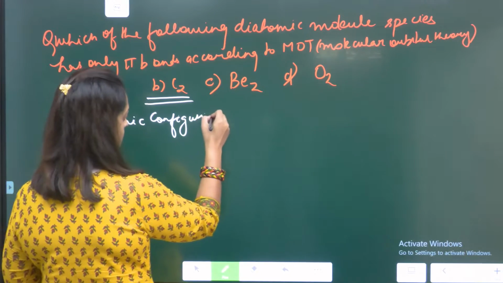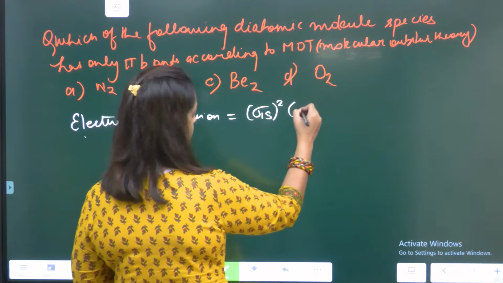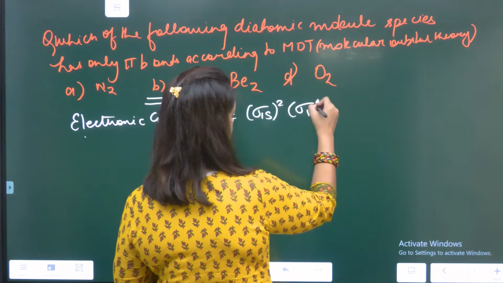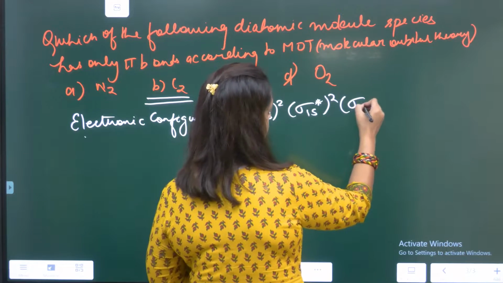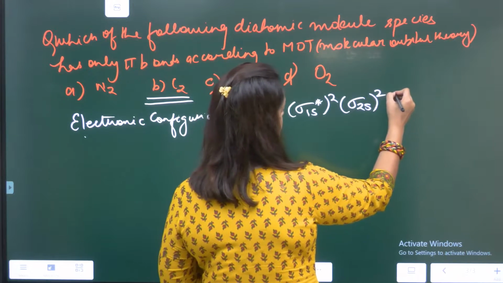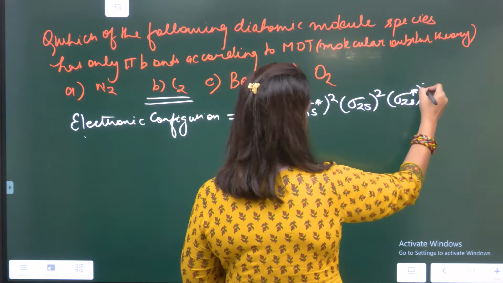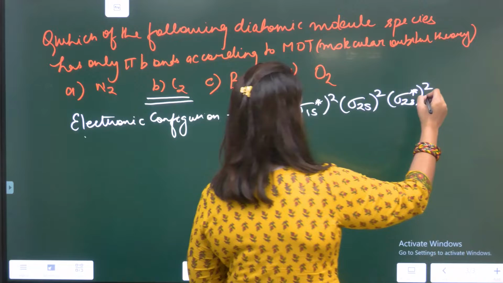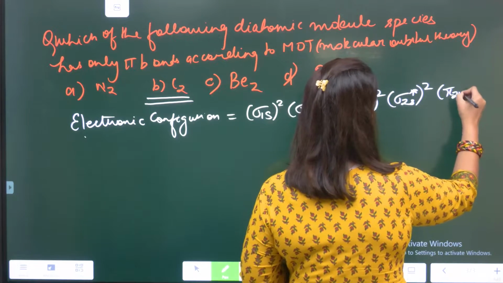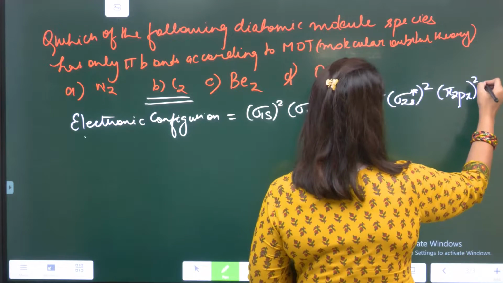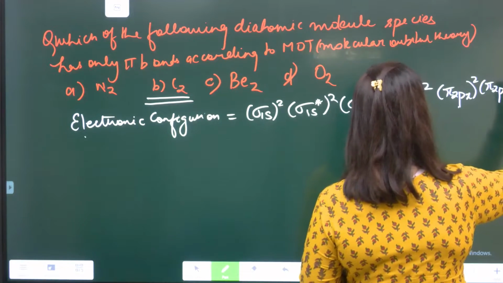Sigma 1s2, sigma star 1s2, then sigma 2s2, sigma star 2s2, then pi 2px2, pi 2py2.